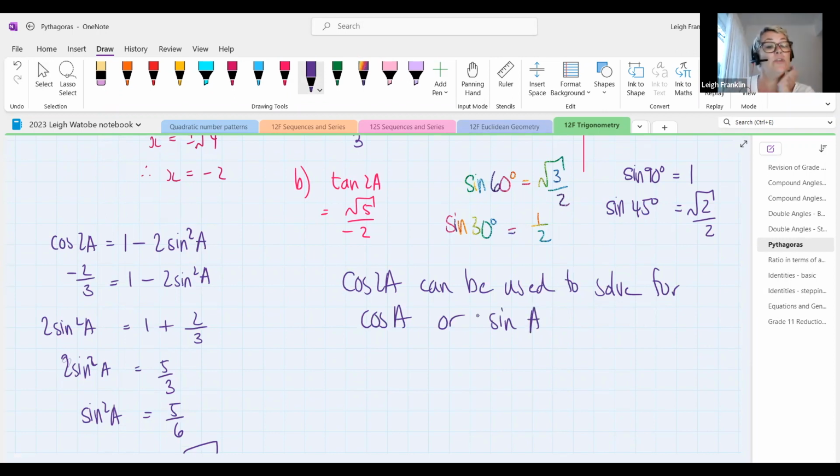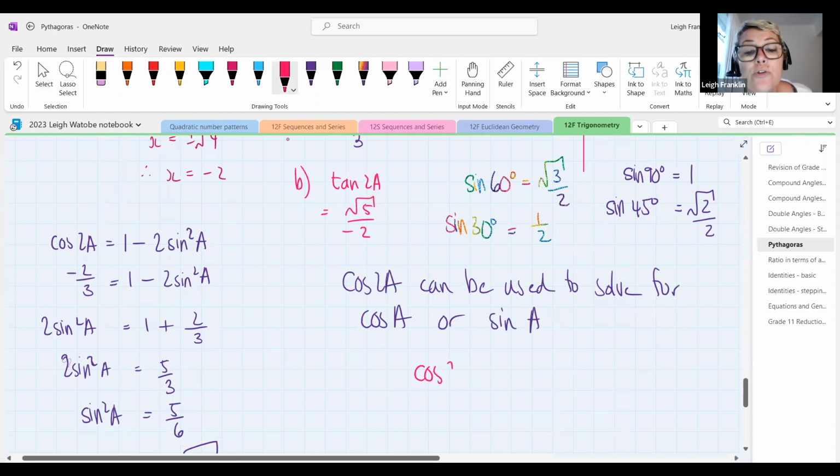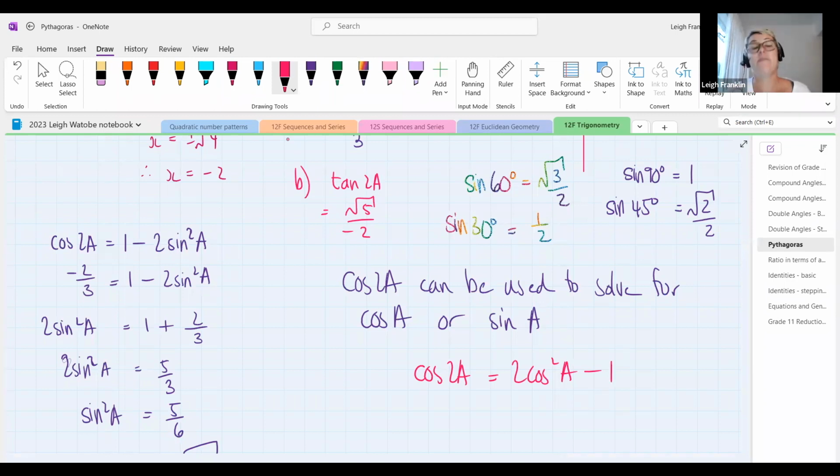Here we solved for sine a. If we were going to solve for cos a, we would write cos 2a equals 2 cos squared a minus 1, and then we would solve for cos a accordingly.